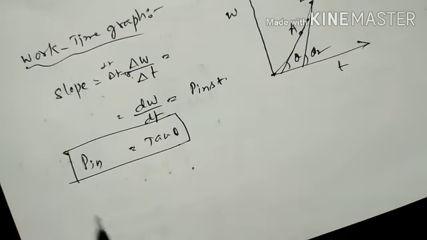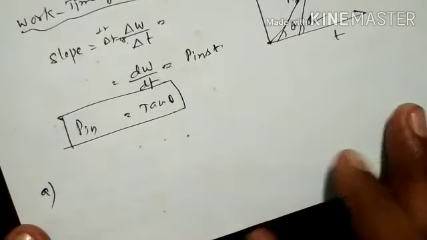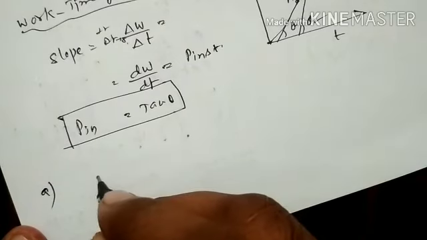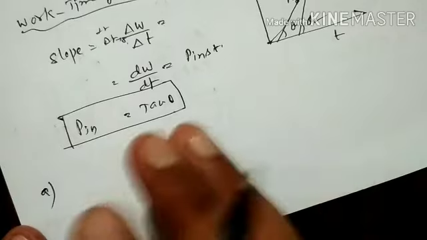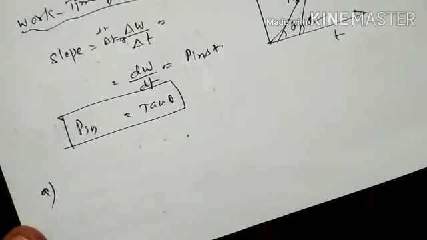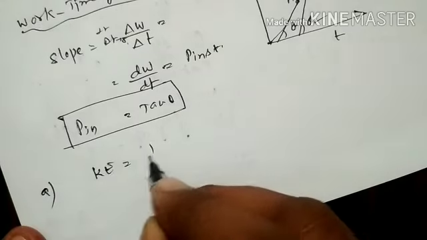Next, one more application, that is a relation I want to consider. This is just a mathematical relation. First we start with kinetic energy. The relation between kinetic energy and power. How are both related? You take kinetic energy. What is kinetic energy?